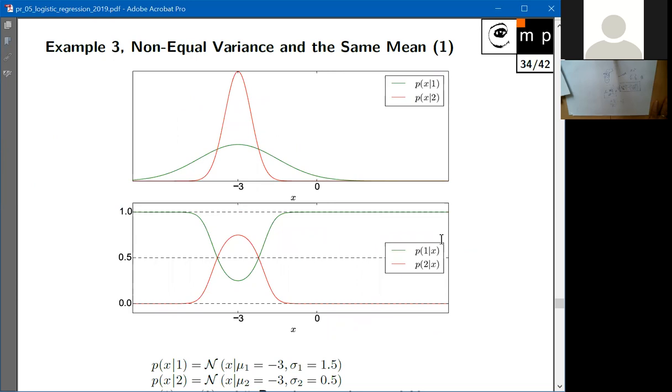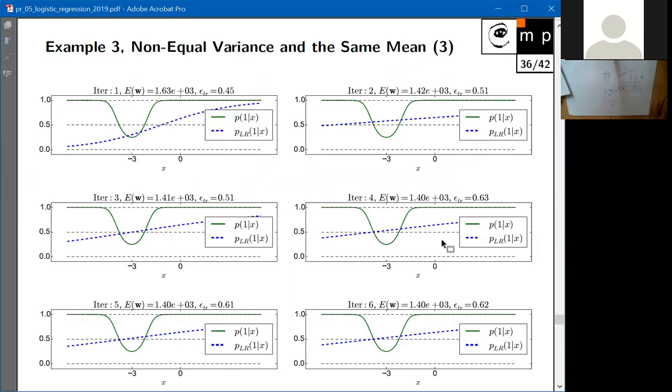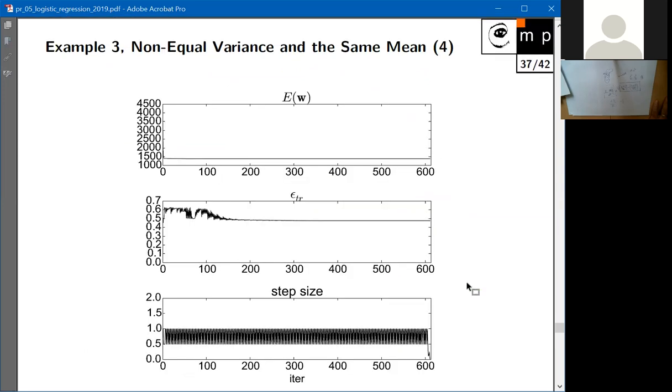This is an example where the model is completely hopeless. So here the linear part will not help us, and the logistic regression will do some optimization. It will reduce the energy, and the training error will be jumping around 50%, 45, 50, 51, 60, 62. It will be oscillating, and it gets nowhere.